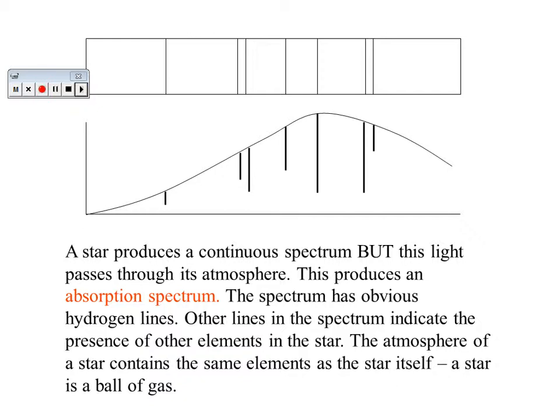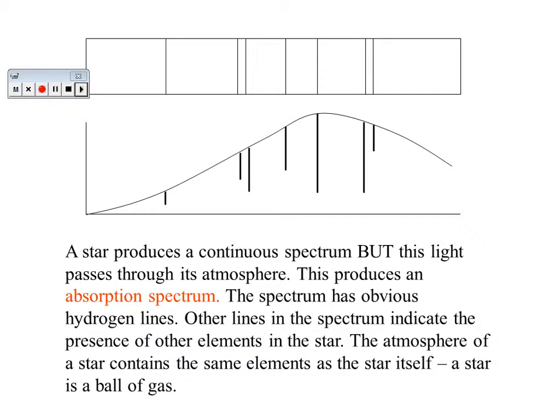So remember, the centre of a star, its core, would create the continuous spectrum, but various frequencies and wavelengths are absorbed by what part of the star as the light comes out? Right, the corona, the photosphere, and also the outer layers, the convection and the radiative zones. So they absorb as well.